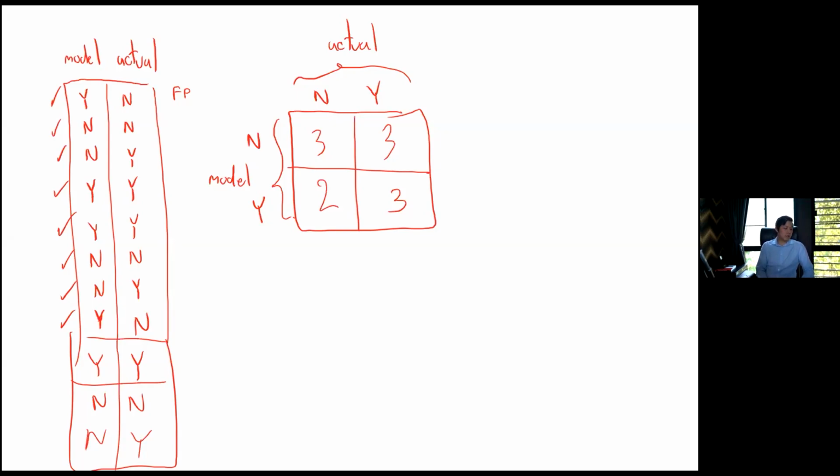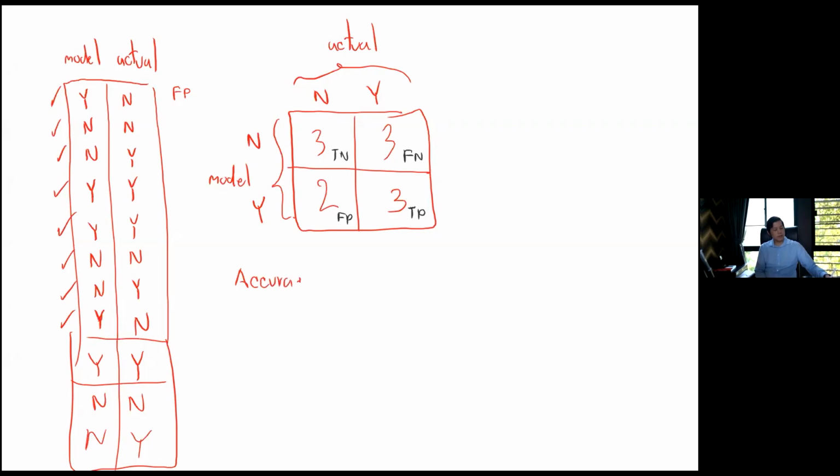So the reason I'm showing you this, I put some tags here: true negative, true positive, false positive, false negative. The reason I'm showing you is to show you also the way to calculate precision and recall. Remember? We have the accuracy.